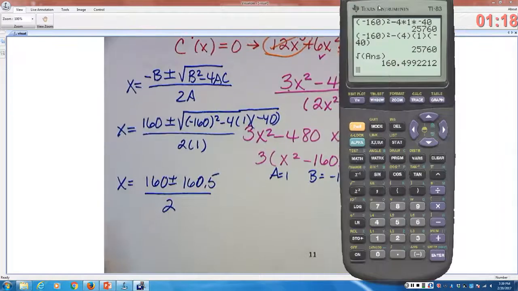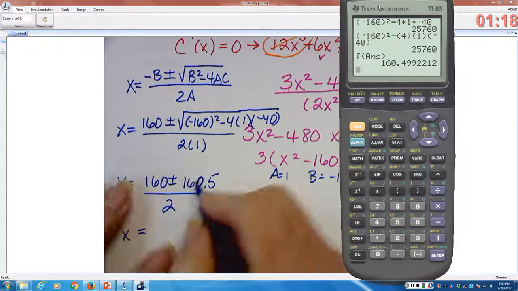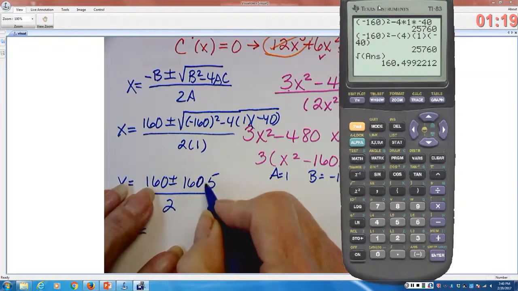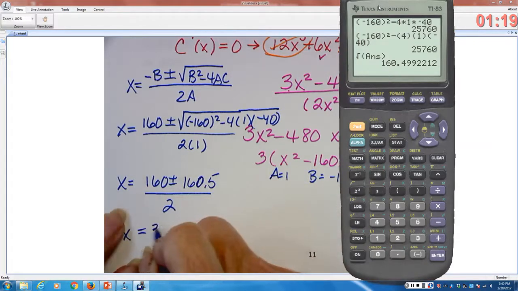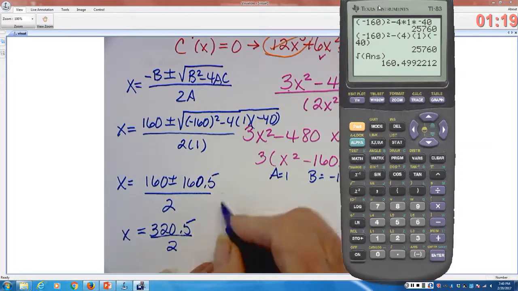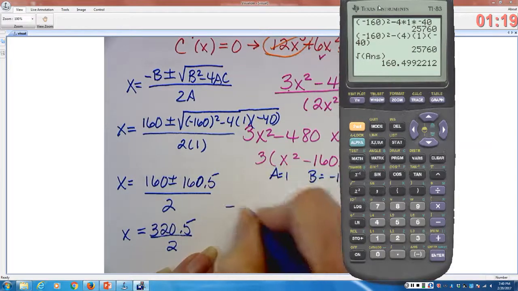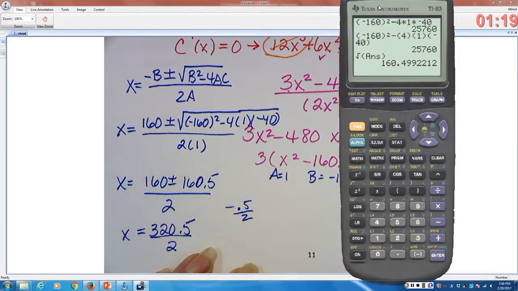Because if x is equal to 160 plus or minus 160.5, then if you add these two, you get 320.5 over 2. But if you subtract them, you wind up with negative 0.5 over 2, which doesn't make any sense because you can't have a negative answer. So you toss that one out. But 320.5 over 2 is 160.25.